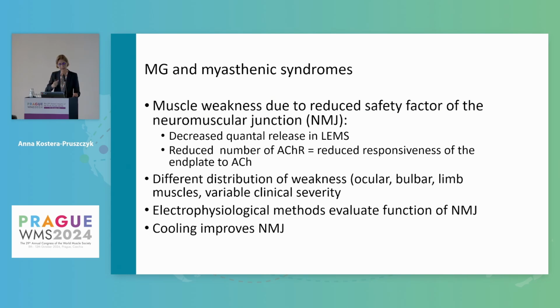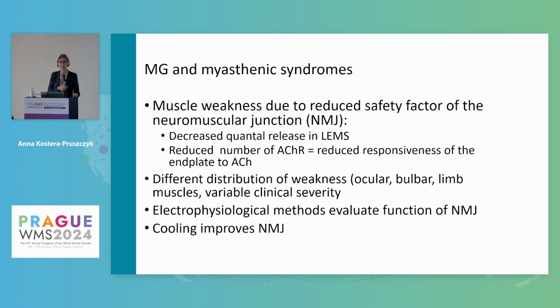In neuromuscular junction diseases, weakness is due to reduced safety factor of the neuromuscular junction. And in fact, our neurophysiological methods look just at this. Single fiber EMG is an excellent method to detect reduced safety factor of the neuromuscular junction.